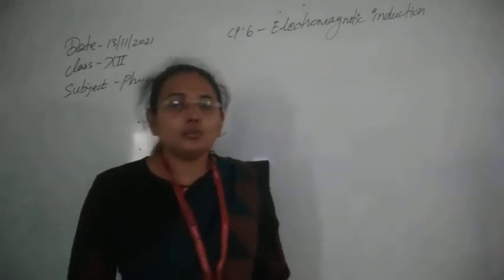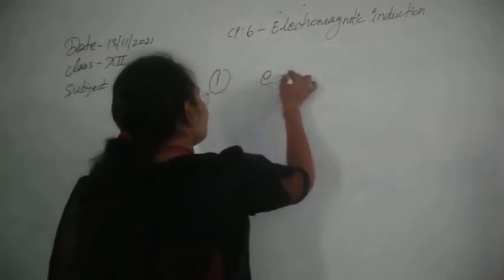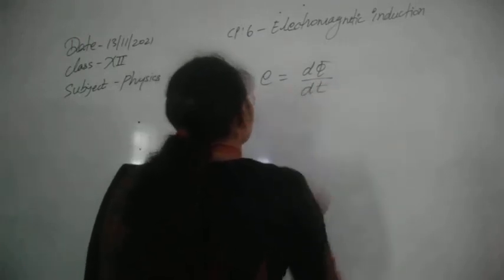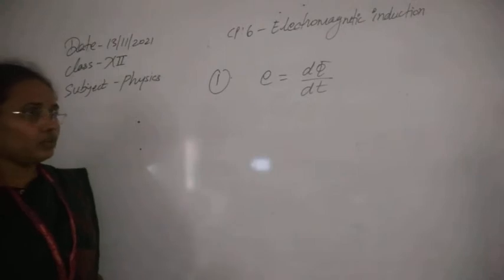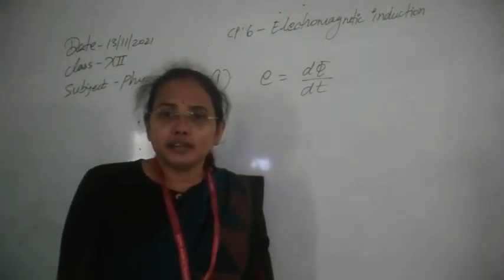So the magnitude of the induced EMF is given by E equals d phi by dt. It means it is directly proportional to the rate of change of flux through the coil. So whenever the flux through any coil changes, an induced EMF will be generated there.